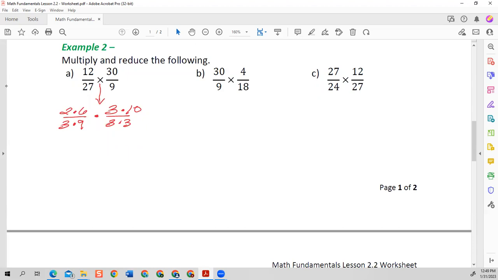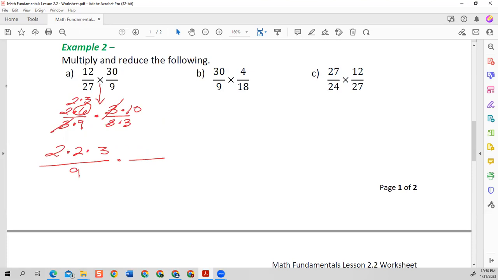Now, I'm going to go ahead and reduce. I see I have a 3 here and a 3 here, because remember, you reduce top number versus bottom. And what I see is this 6 right here can be rewritten as 2 times 3. So let's just clean this up. I got 2 times that 6, which is 2 times 3 over 9. And you can break the 9 down if you want. And then this 3 reduces.